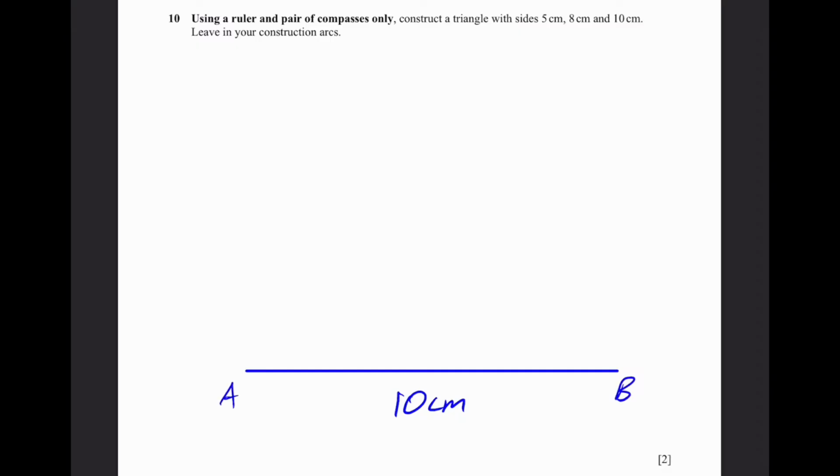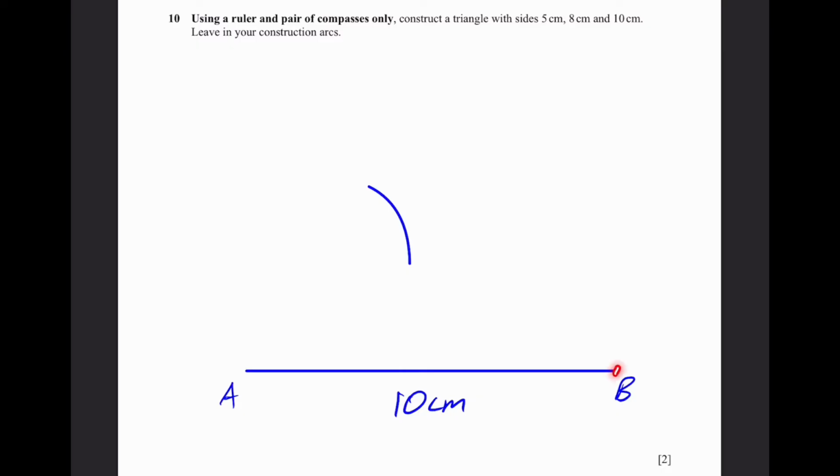Now we can take our compass and measure 5 centimeters. Bring the compass needle distance from the pencil 5 centimeters, and then draw an arc, which should look something like this. If you draw from point A, it'll look like this. If you draw from point B, it will be here. So the needle should be on point A, and draw an arc with your compass at 5 centimeters. Next, make the compass length 8 centimeters by using your ruler and measuring.